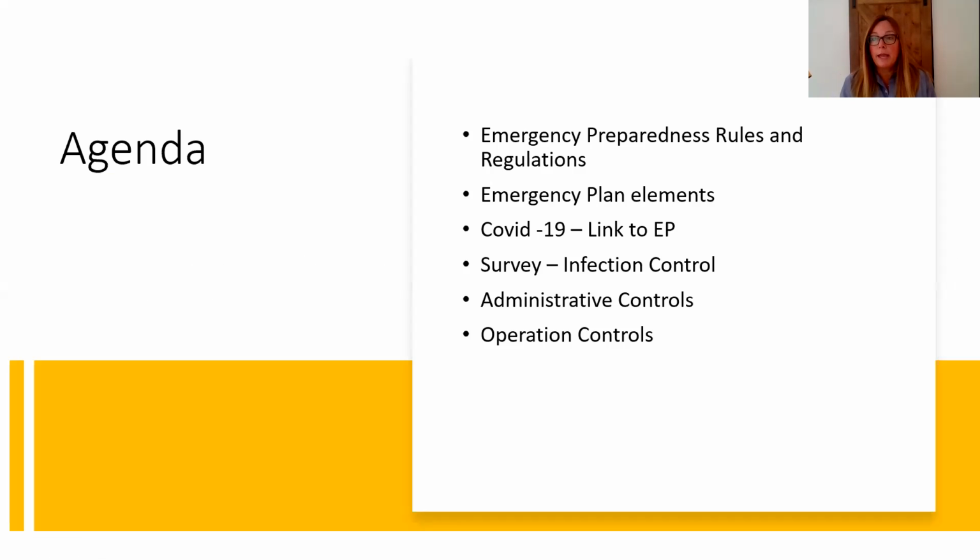We'll go into survey, focus on infection control, obviously a focused infection control survey, which I know all of you have had by July 30th and could potentially be in your annual survey, and maybe even having more focused infection control surveys. Then we're going to talk about administrative controls and operational controls, and how the controls that you have in your organizations feed into infection control and feed into your emergency preparedness plan, again, all around COVID-19 and the pandemic.